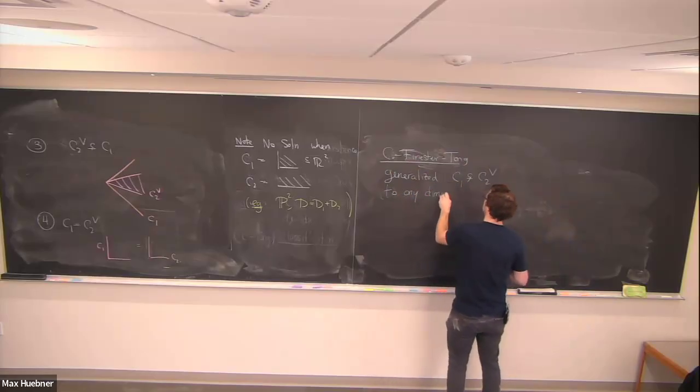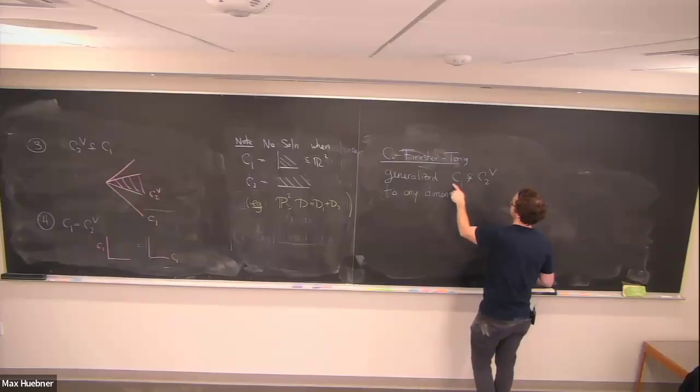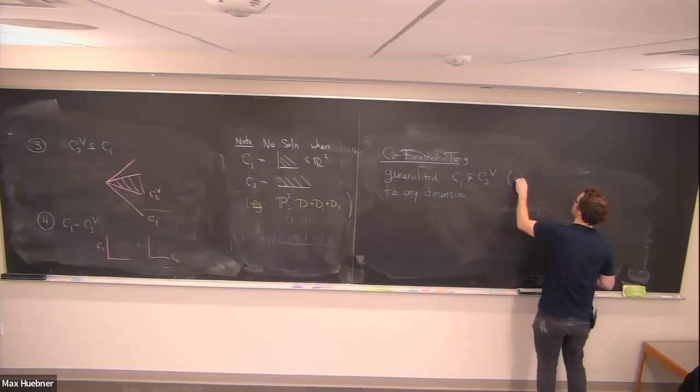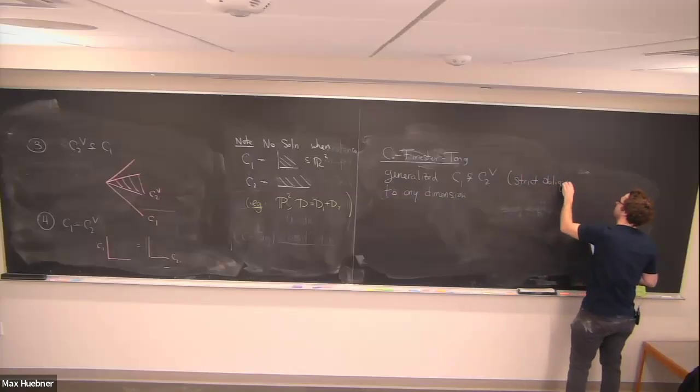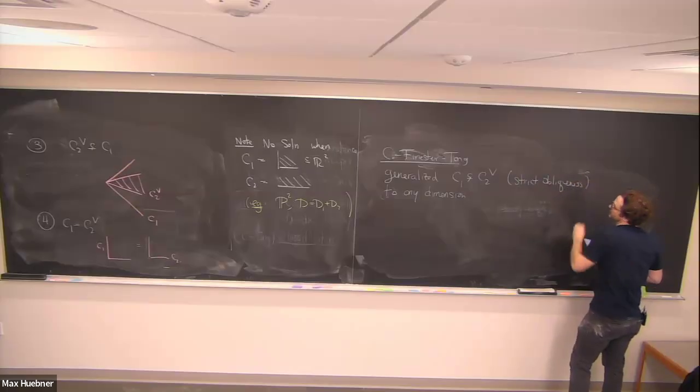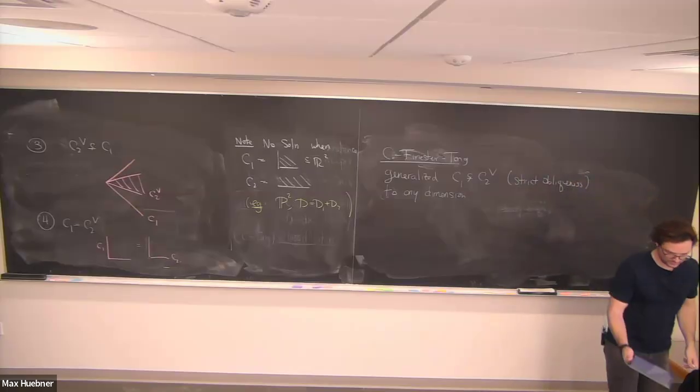So in fact, if you have 2 convex cones which satisfy this strictly oblique condition, then solutions will exist in any dimension, right?